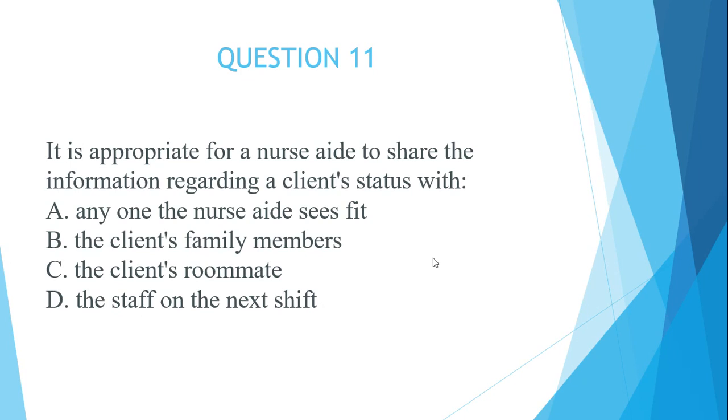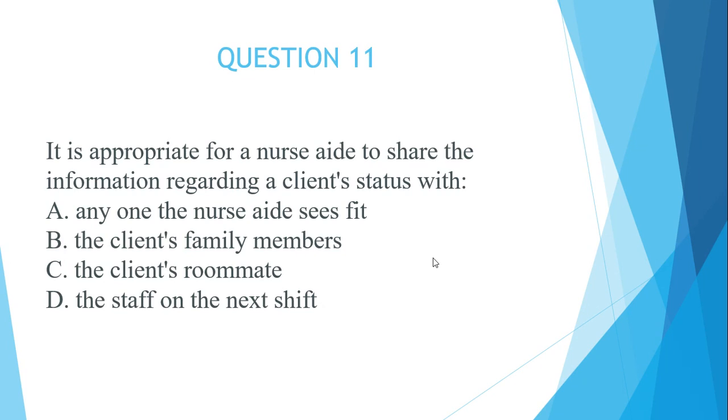The client's family members. Even if you are on very good terms with the family member, don't give any information. And the roommate shouldn't even know what is going on with the other patient. Because they are in the same room doesn't mean they have to know everybody's medical issues.